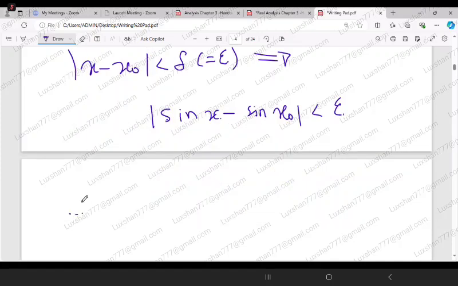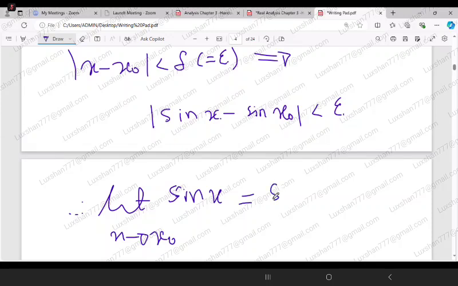Okay, so you can say that limit of sin x as x tends to x naught is equal to sin x naught.